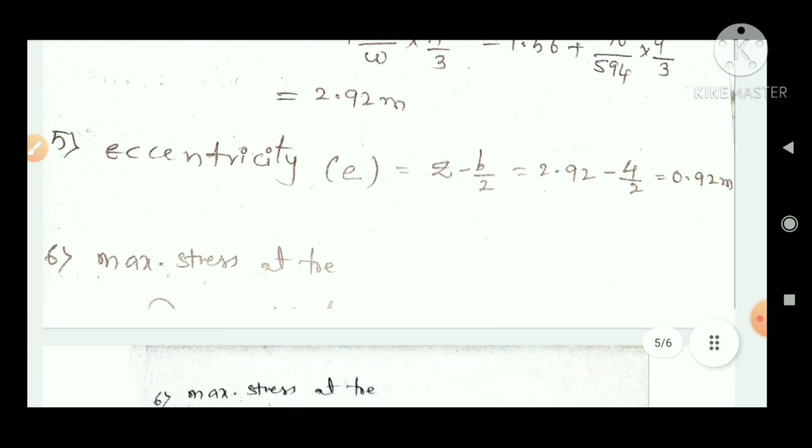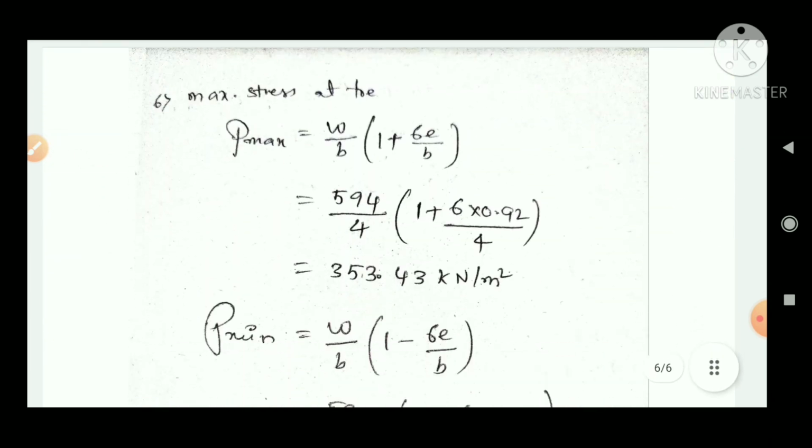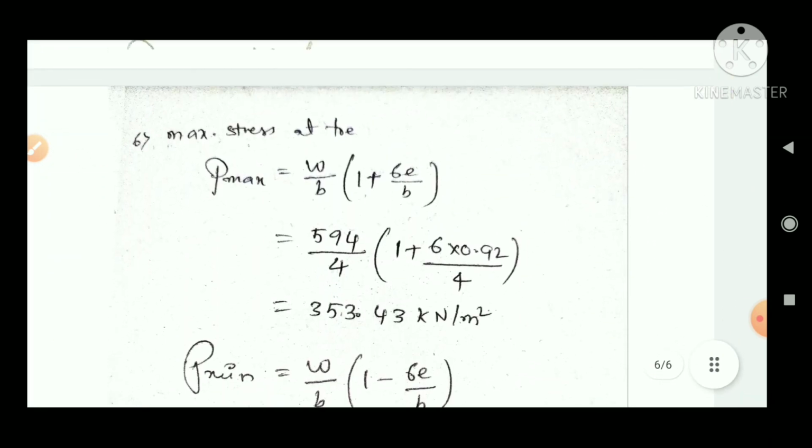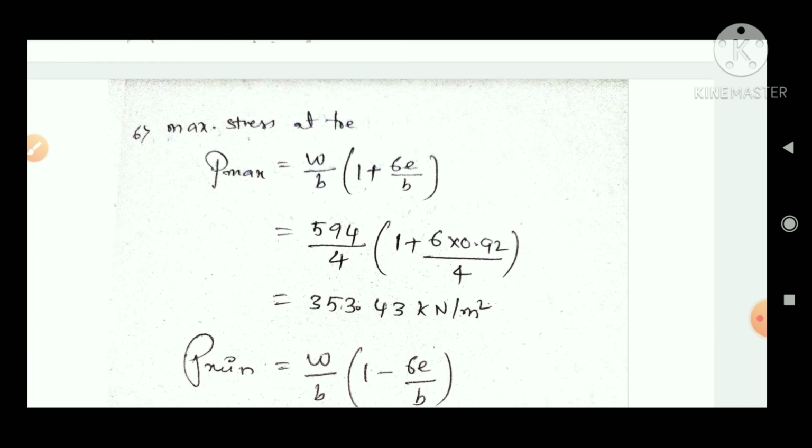The sixth step is maximum and minimum stress. The maximum stress is W by B of (1 plus 6E by B).